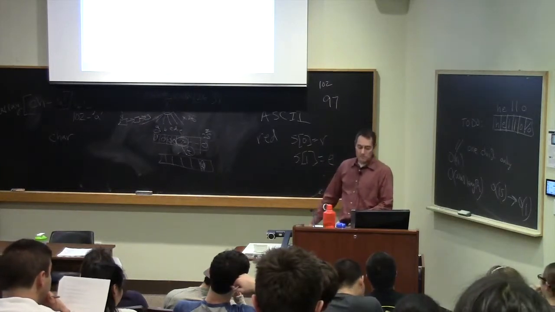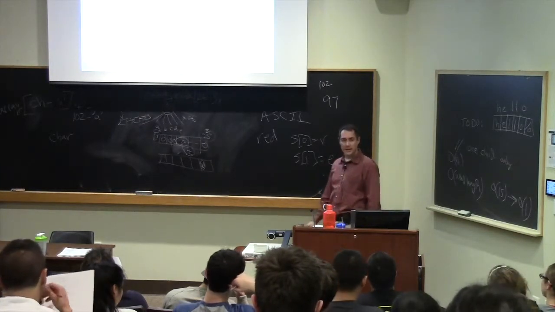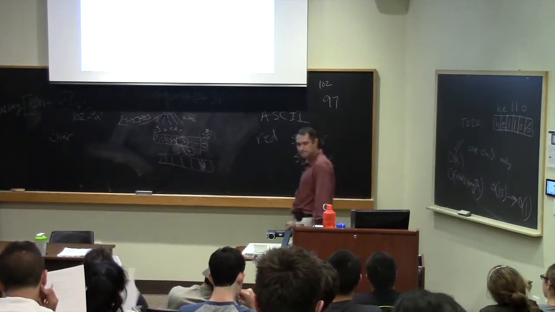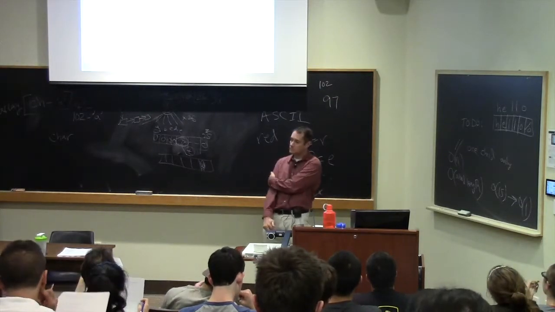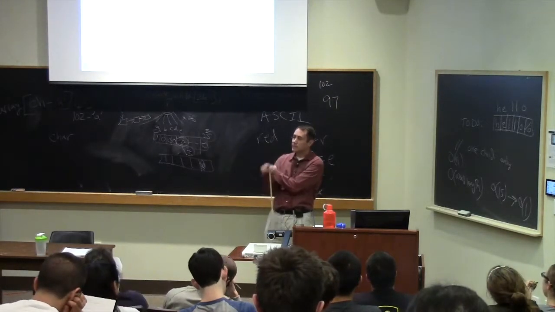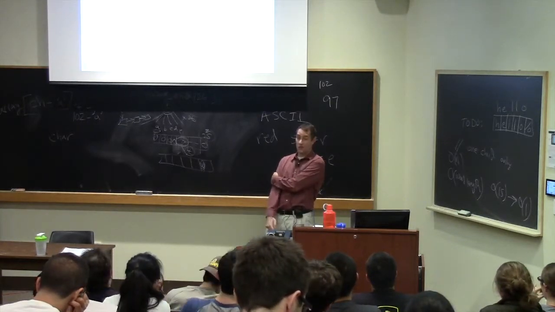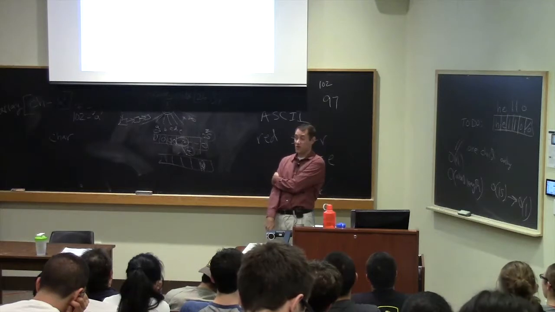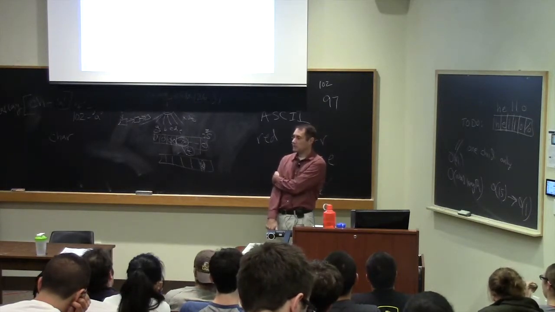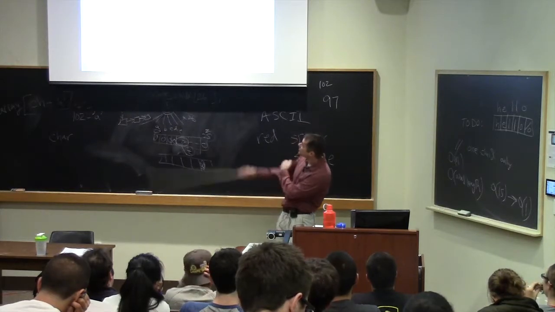Well, how do we find the minimum element of an unordered list? What do you think? We would have to go through all of them and keep track of whether they were lower than one that we've encountered before. Yeah, you have to go through every single one, right? And this is what this does.